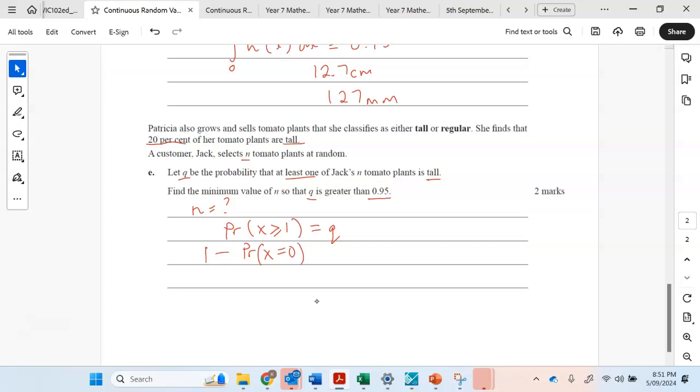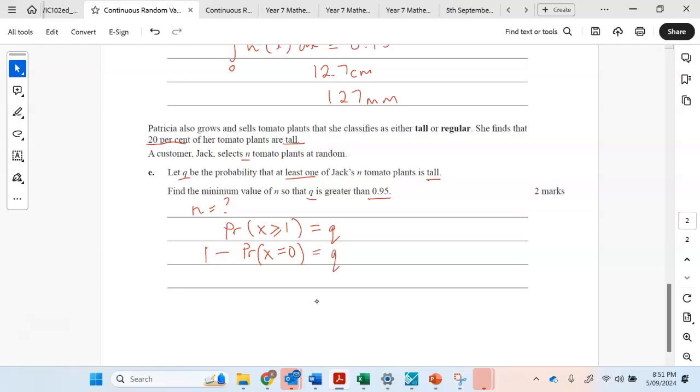That's a common thing when you see discrete, especially with the binomial, although you probably don't need binomial for this. You just do the inverse, which is 1 minus what you don't want, and that is still equal to Q.